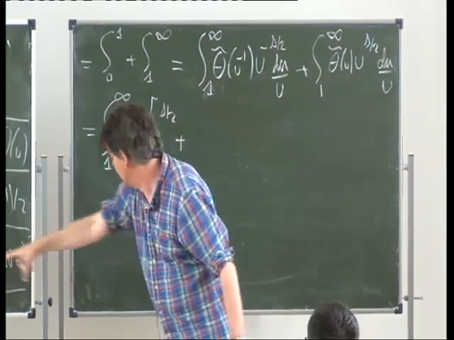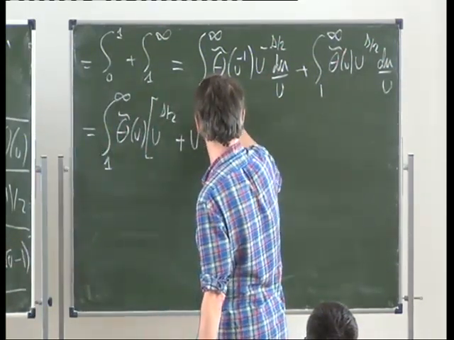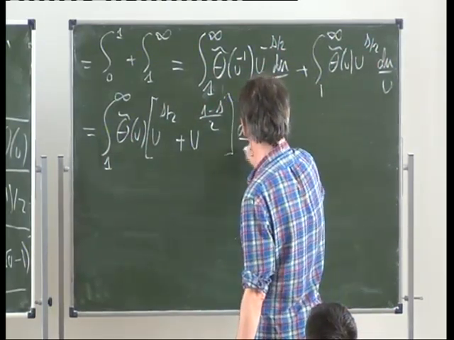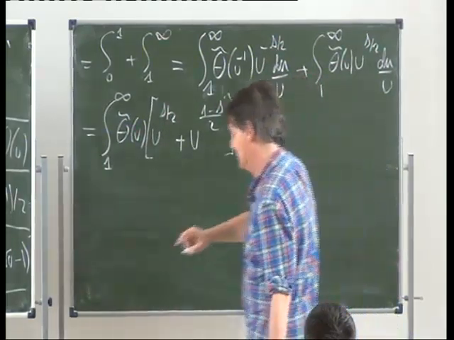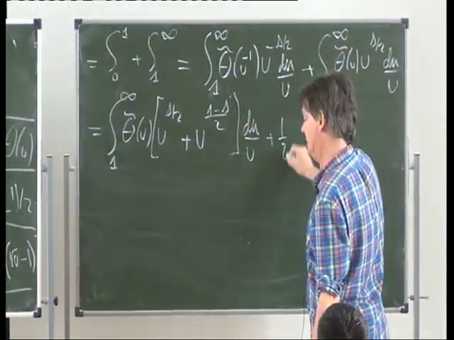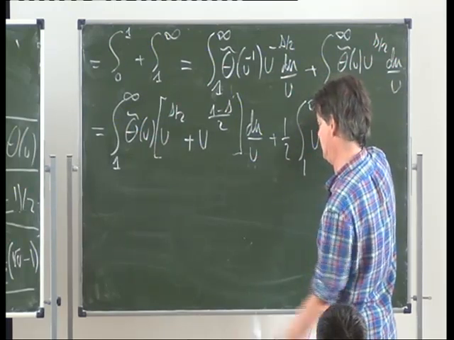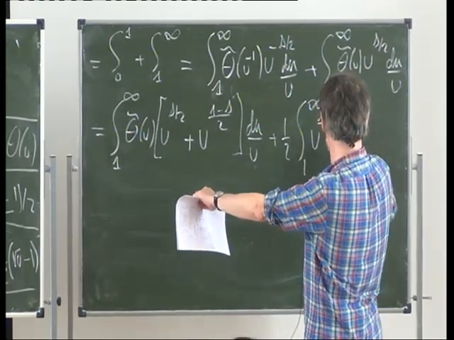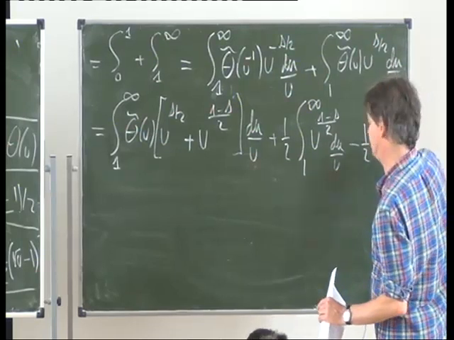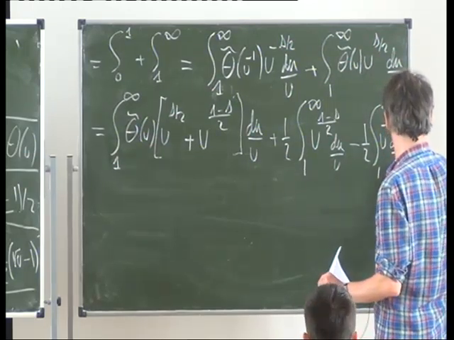Now this one is this integral here, so I get the square root of u, so u to the 1 minus s over 2, since I multiply by this, du over u, and plus the integral of this term multiplied by this, so plus 1/2 of the integral from 1 to infinity of the square root of u, that gives me u to the 1 minus s over 2 du over u, minus 1/2 of the integral from 1 to infinity of u to the minus s over 2 du over u.